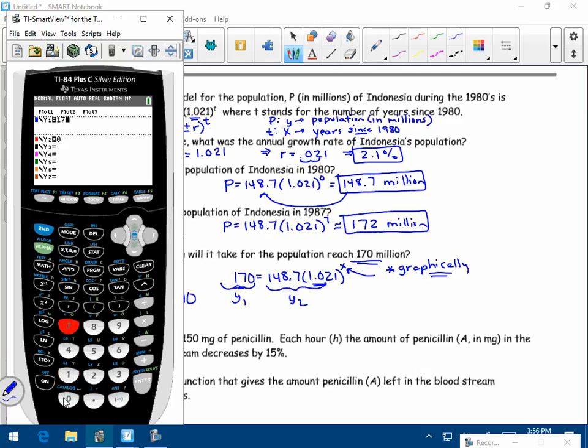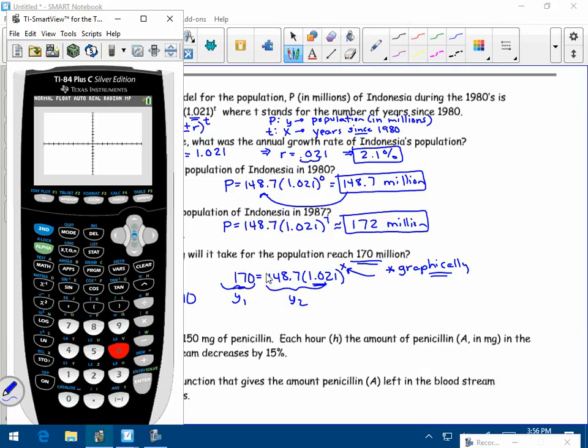Now the problem here is we're going to have to do a little finagling with our window. So in y1, here's 170, y2 is 148.7 times 1.021 raised to the x. If you just hit zoom standard right now, you're not going to see much of anything because these numbers are so big. So I'm going to have to adjust my window.